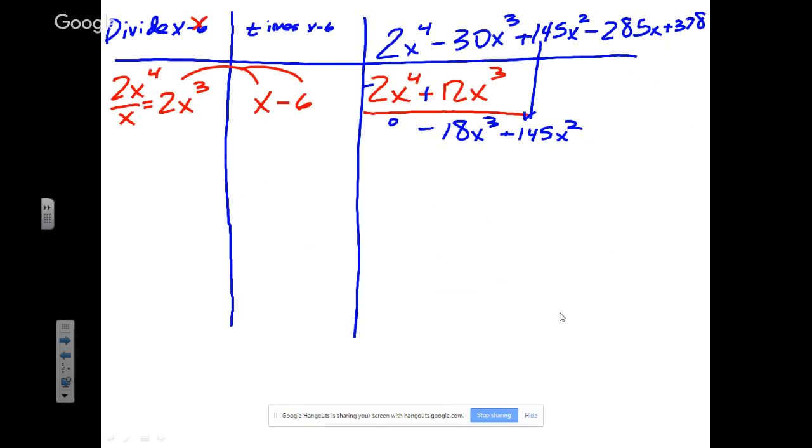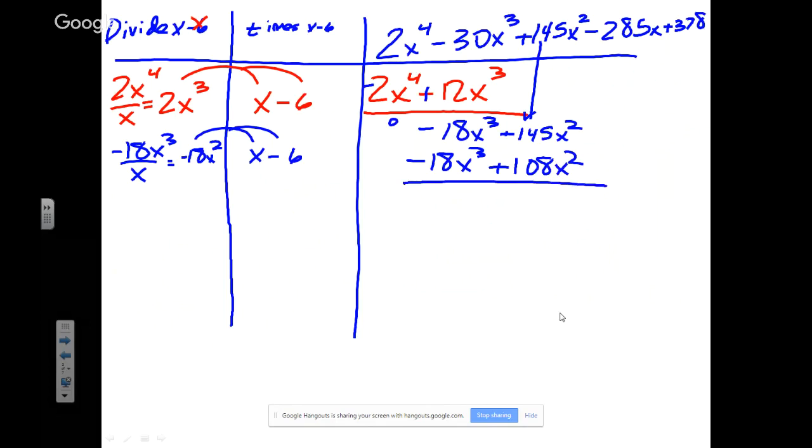Negative 18x to the third divided by x is negative 18x squared, times x minus 6 gives me negative 18x to the third. I don't think 108 plus 108 x squared.